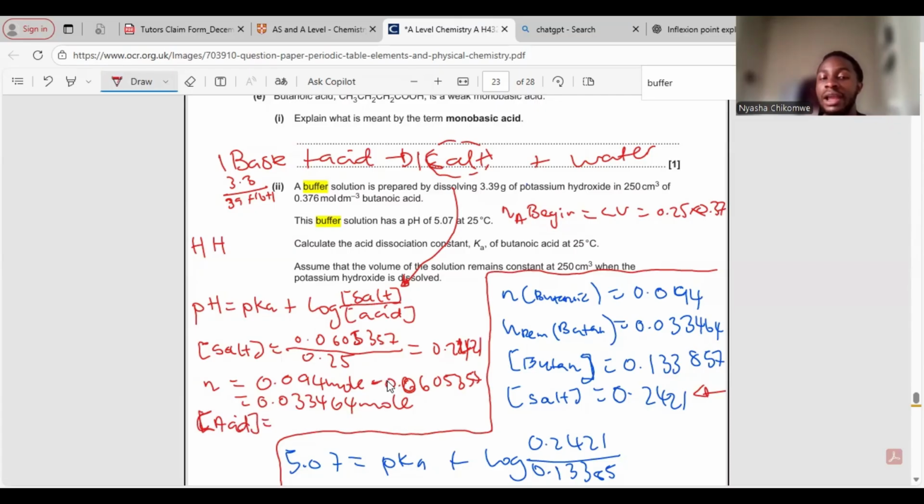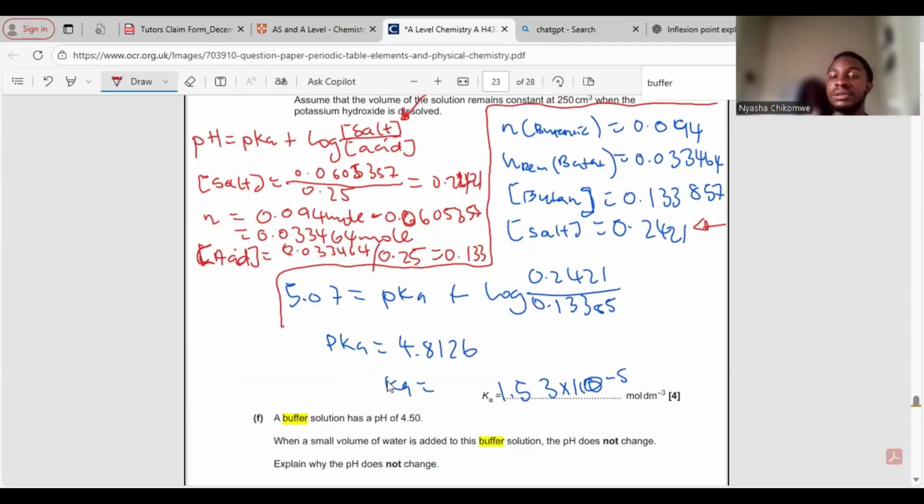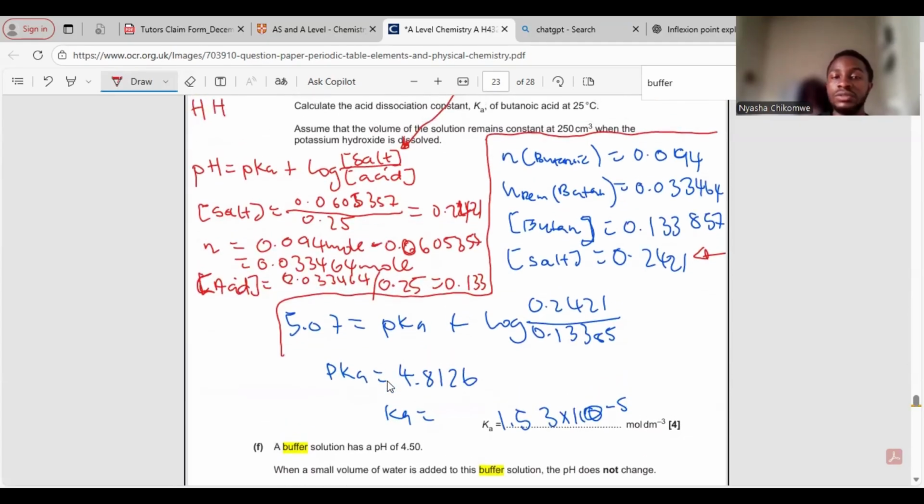So now I have 0.033464 moles of the acid remaining. To get the concentration, it's number of moles over volume, again 0.25. Then you calculate the new concentration to be 0.133. That's the concentration of the acid.